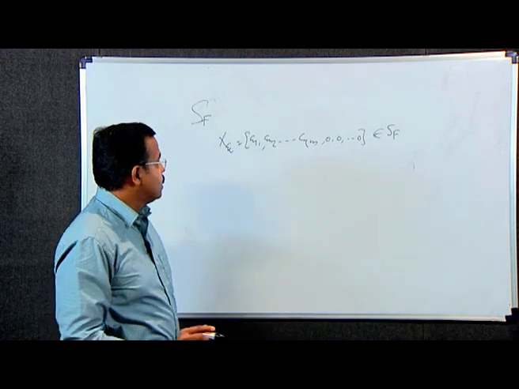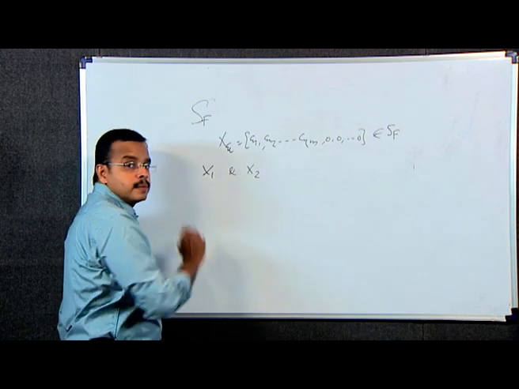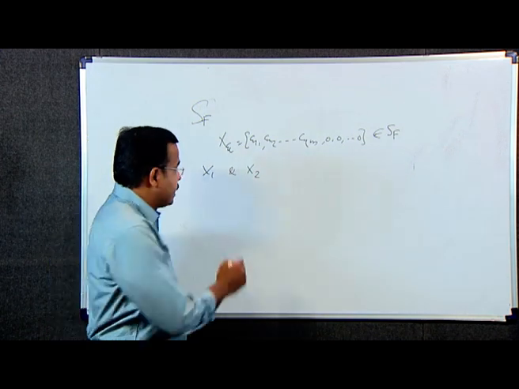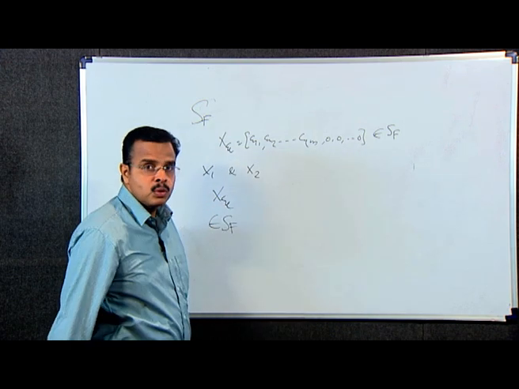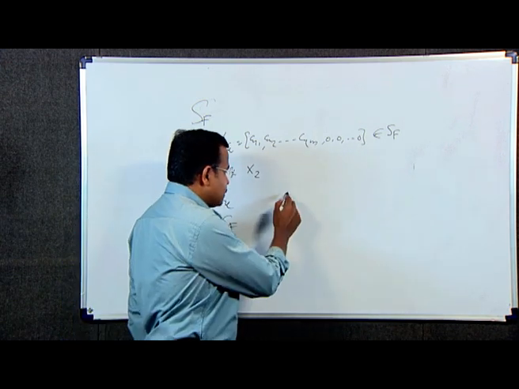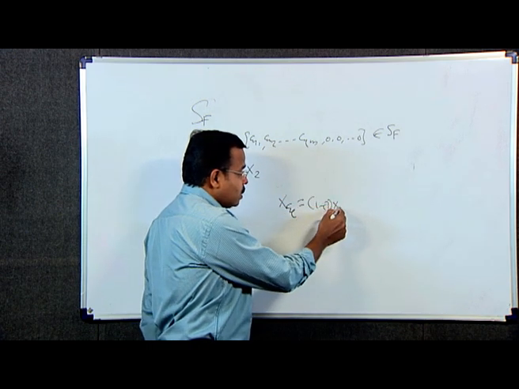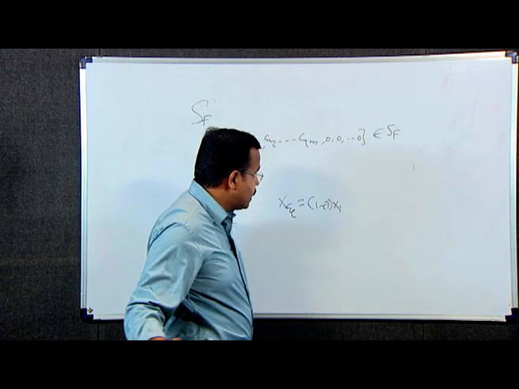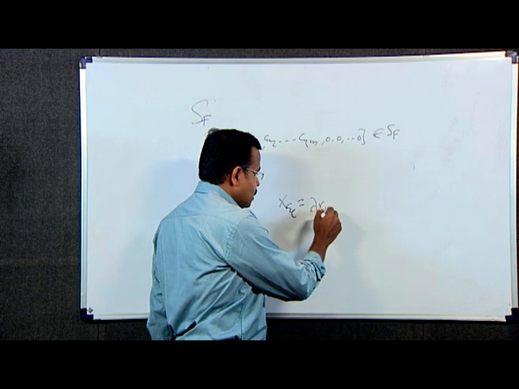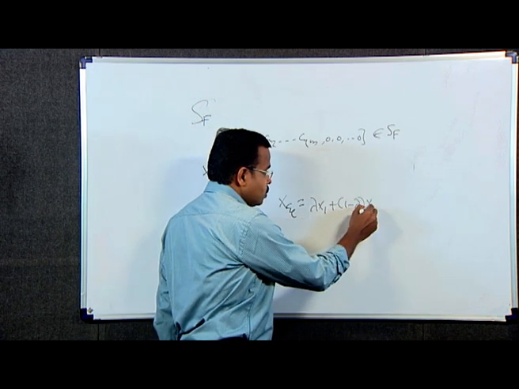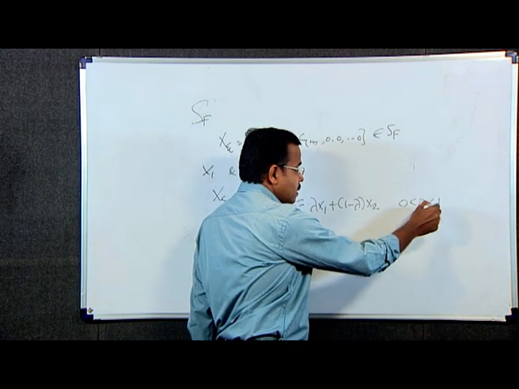Then there are two points x1 and x2 different from xi belonging to the set of feasible solutions SF such that xi equals 1 minus lambda x1 plus lambda x2, or lambda x1 plus 1 minus lambda x2, for 0 less than lambda less than 1.